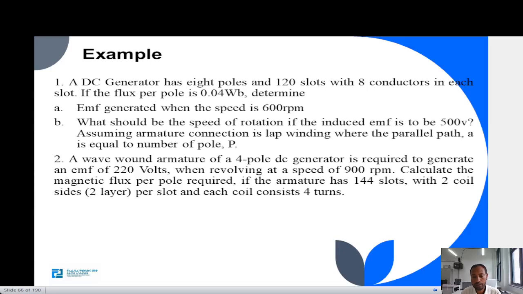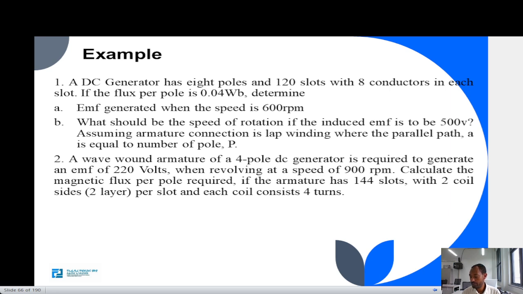Good morning, students. Let us continue from the point where we stopped last time. If you remember, in the previous section we saw the working principle of the generator.